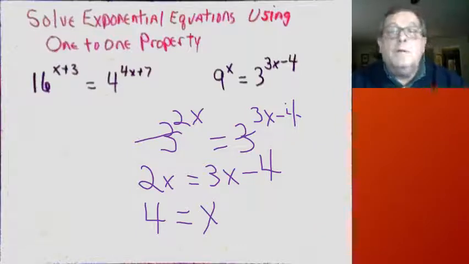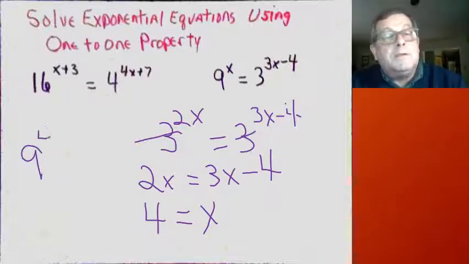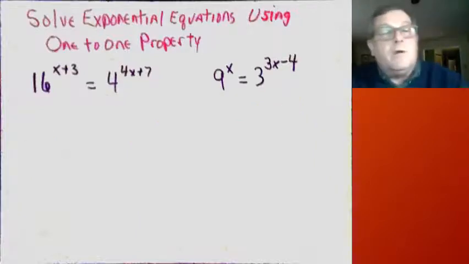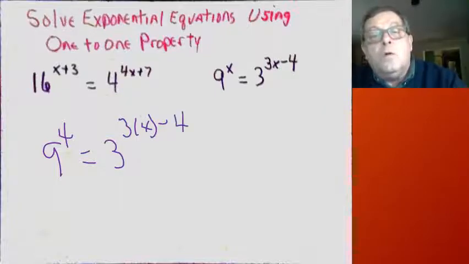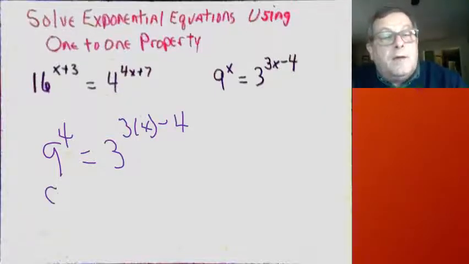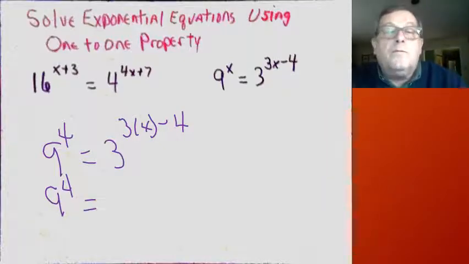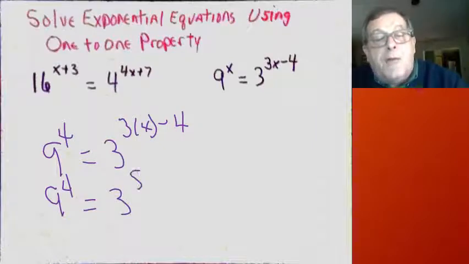Okay, done. So 9 to the x equals 3 to the 3x minus 4, x is equal to 4. Let's just double check this. 9 to the 4th power equals 3 to the 3 times 4 minus 4. So 9 to the 4th power equals 3 to the 12 minus 4, which is 3 to the 8th power.